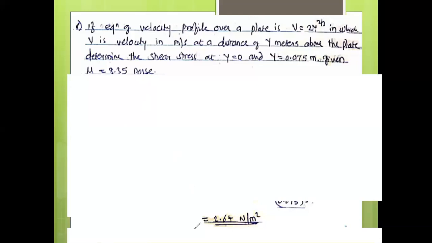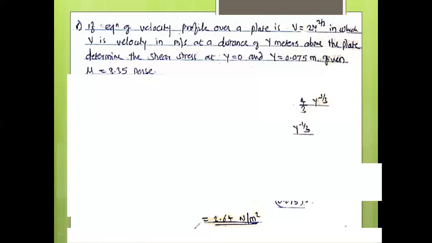What is the relation between poise and Pascal second? 1 poise is equal to 1/10 Newton second per meter square. Correct. So divide that value by 10, you will get the SI unit. So 0.835 Newton second per meter square.